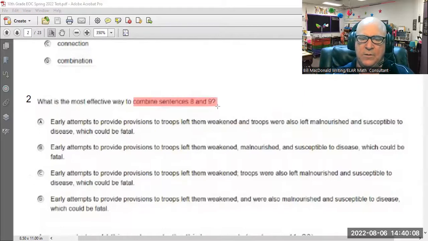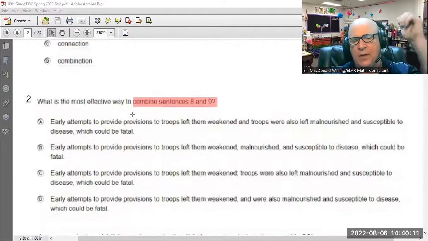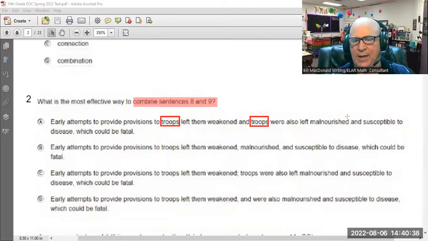Option A: "Early attempts to provide provisions for the troops left them weakened, and troops." Since "troops" is there twice, remind yourself, I don't want anything repetitious. "Left malnourished, and": since "and" is there twice, I'm going to put little bricks there.